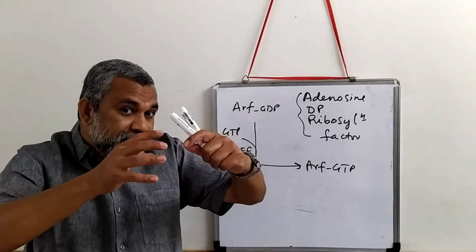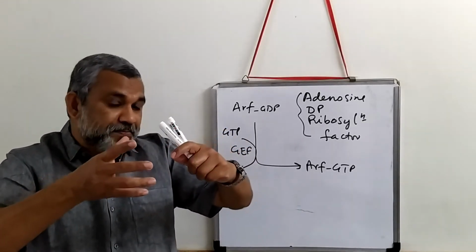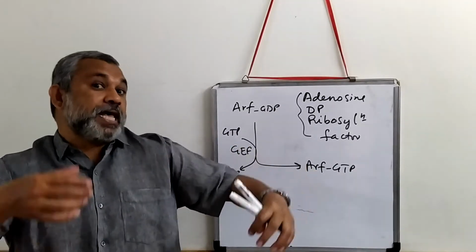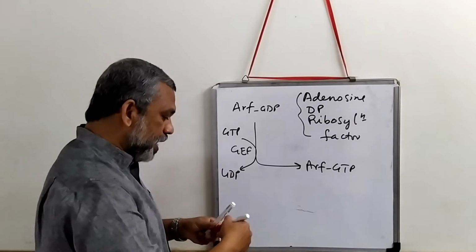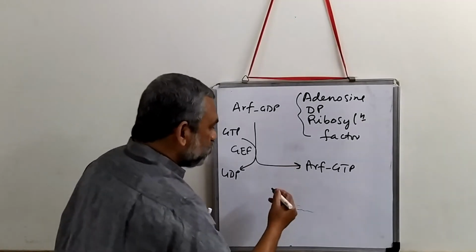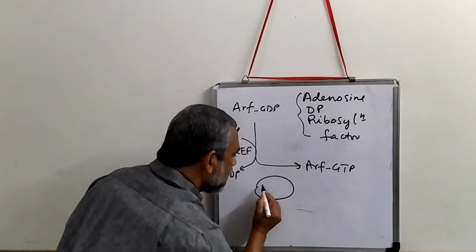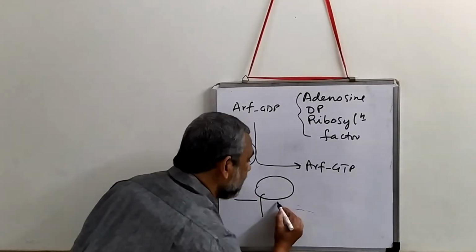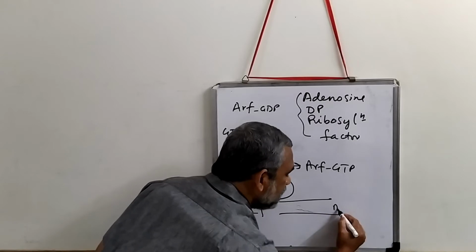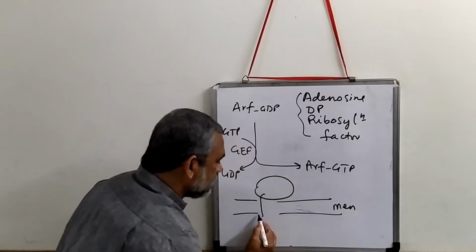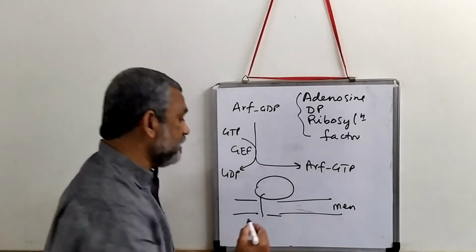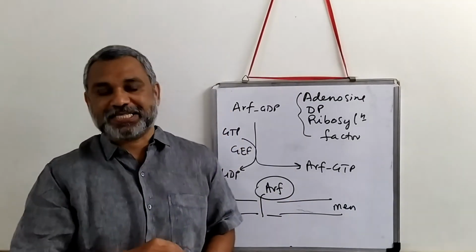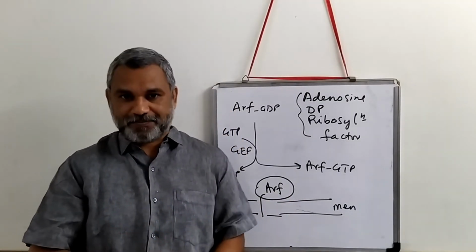Especially at the N-terminus, a structural change occurs and the myristic acid is exposed. Assume this is the ARF protein, and the myristic acid gets embedded in the membrane. This is the first step that occurs.